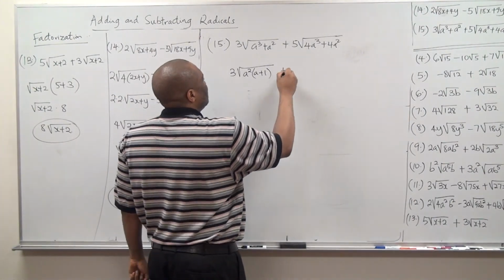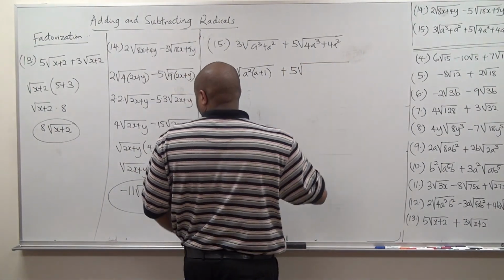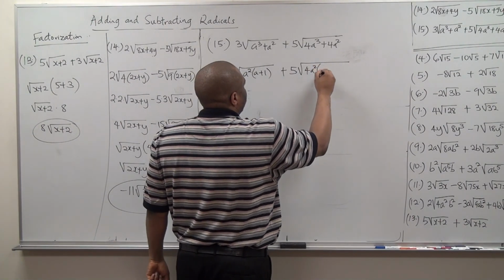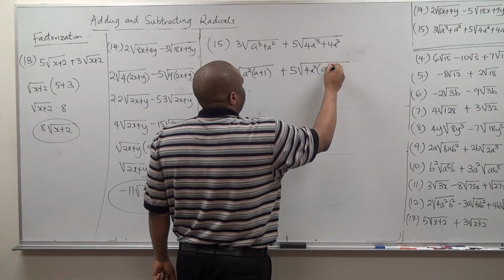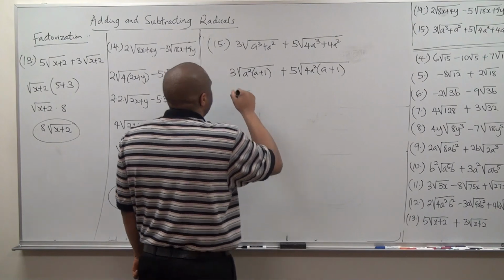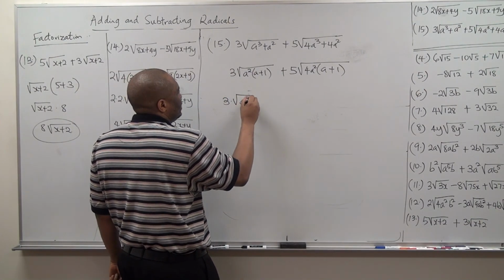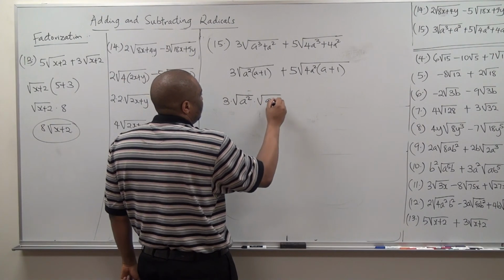Then plus 5 square root of 4a squared times a plus 1. And if you do that, this will be 3 times square root of a squared times square root of a plus 1.